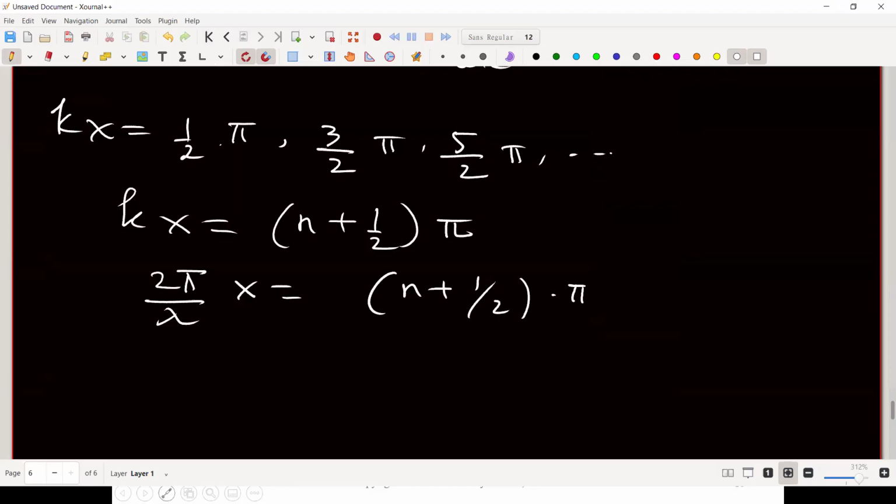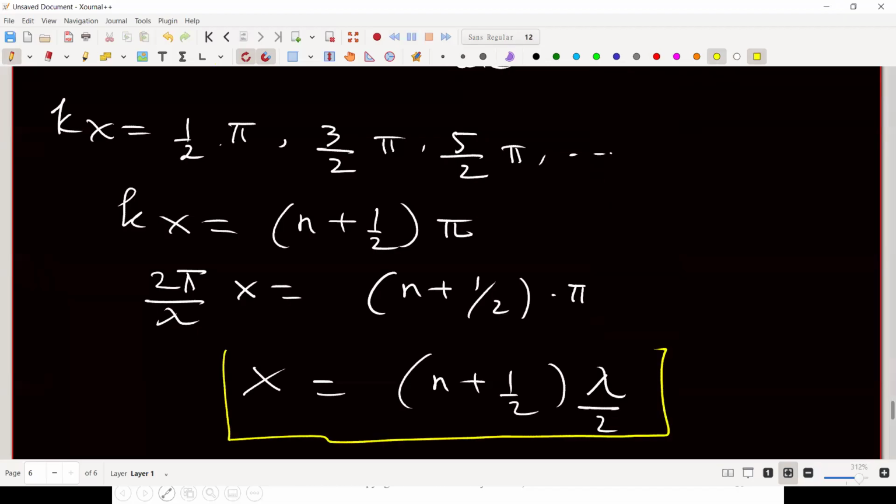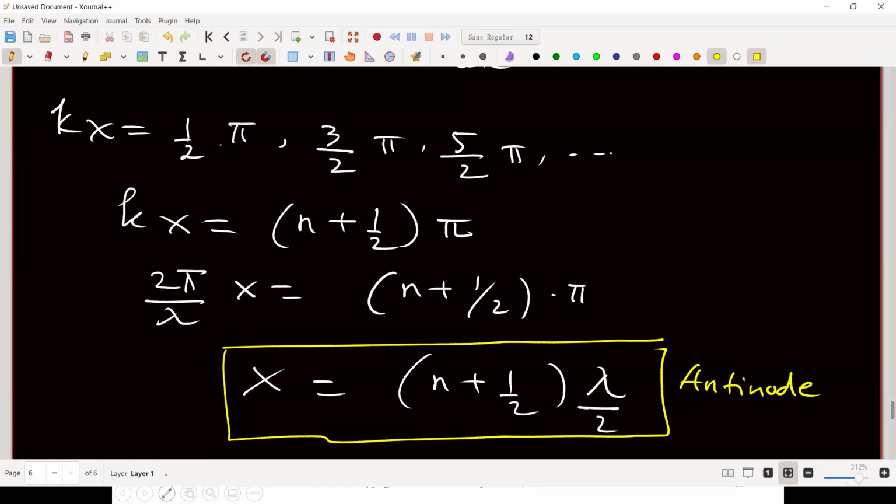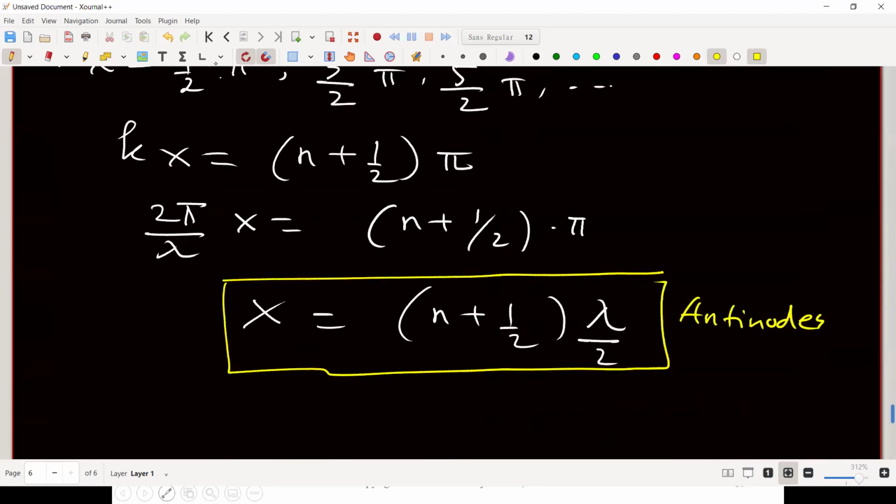So we get x is (n plus half) lambda divided by 2. This one is the position of antinodes. So for the antinodes, n also starts from 0.